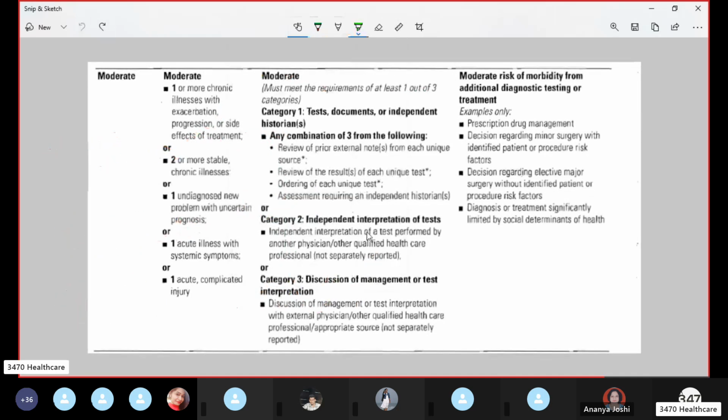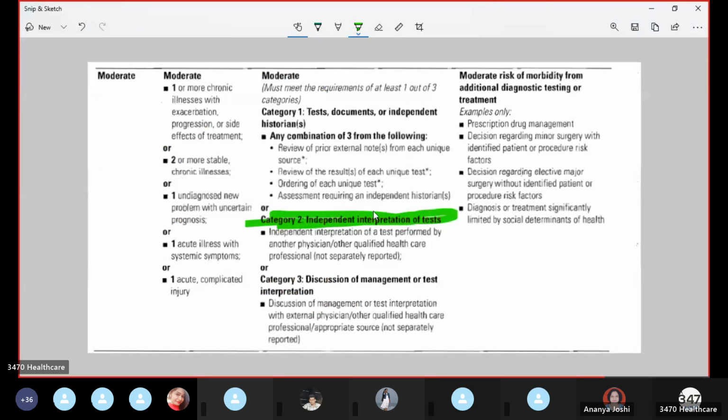Then category 2, independent interpretation of the test. You are visiting the hospital or clinic, the MD orders the test, an X-ray. They can be using the hospital equipment. After that, that provider will look at the film independently, not saying it's someone else's interpretation.